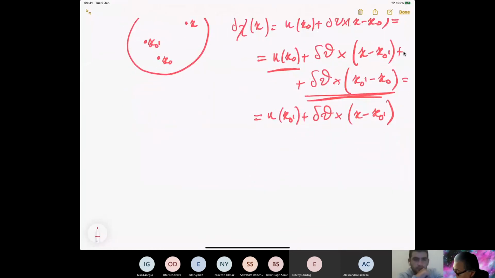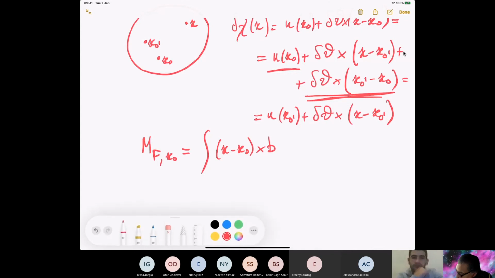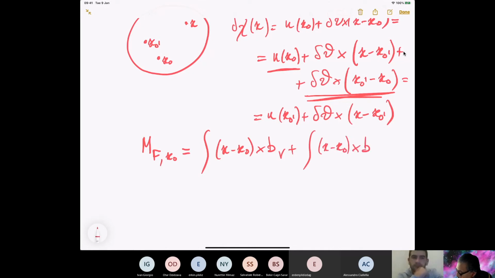Similarly, if you have the moment of F with respect to x0, you have that this is equal to the integral of x minus x0 vector b volume, plus integral of x minus x0 vector b sigma.